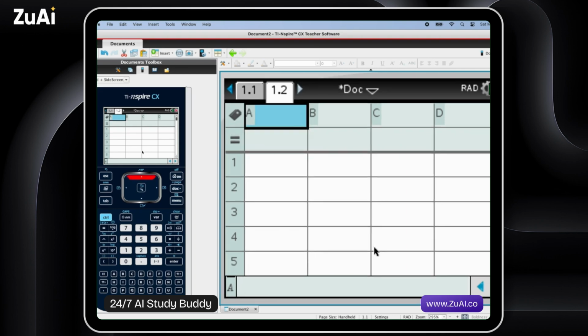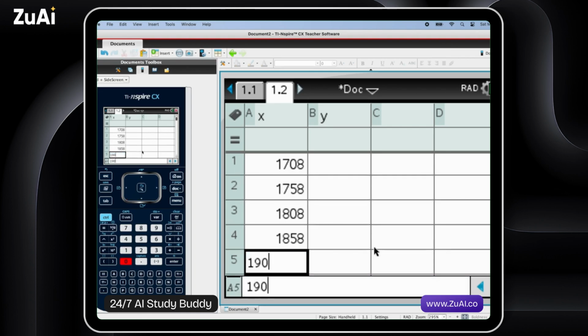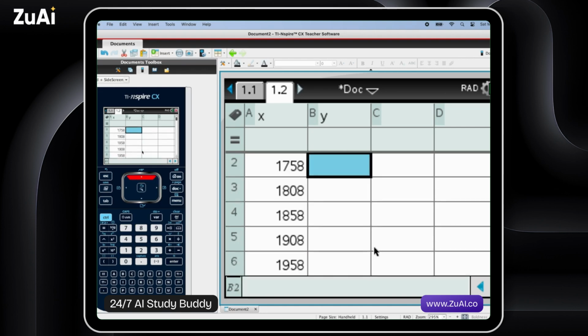So if we have x and y, x corresponds to our years. So 1708, 1758, and these were just at 50-year intervals, 1808, 1858, 1908, 1958, 2008. And then we have the corresponding temperatures at those given times.